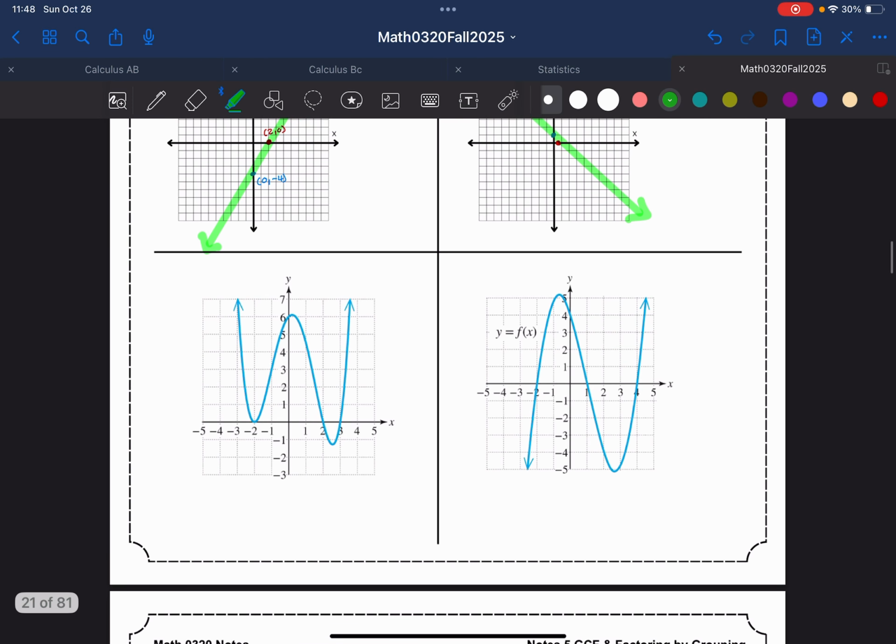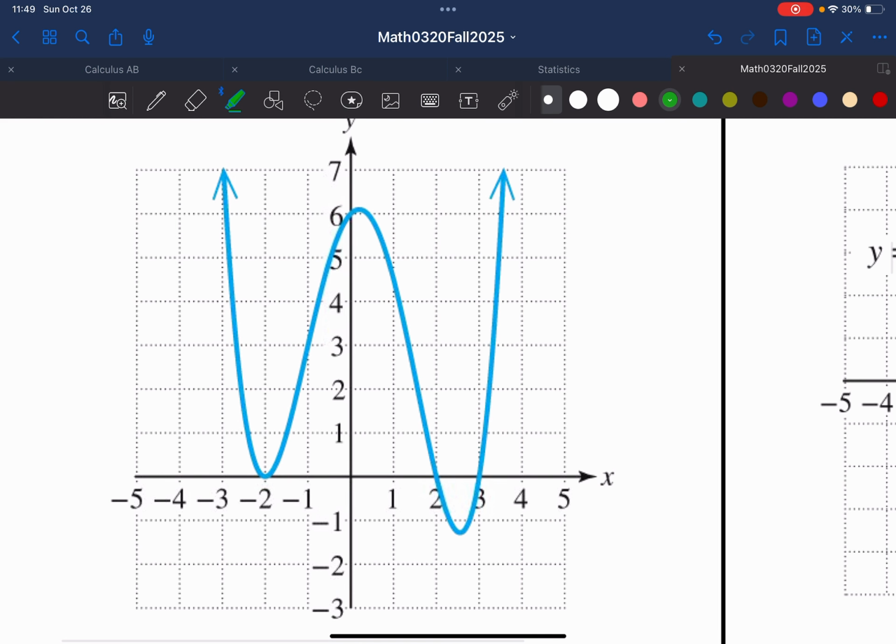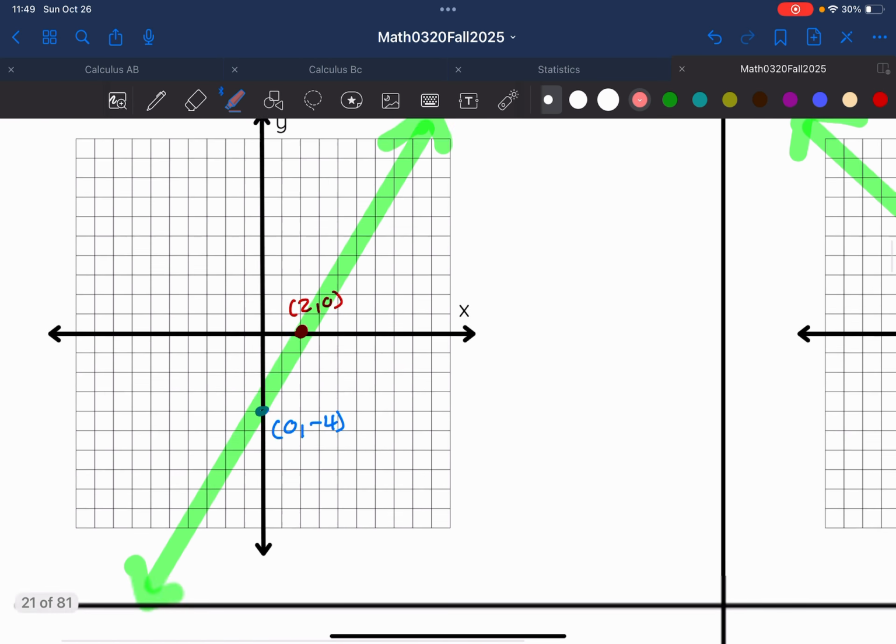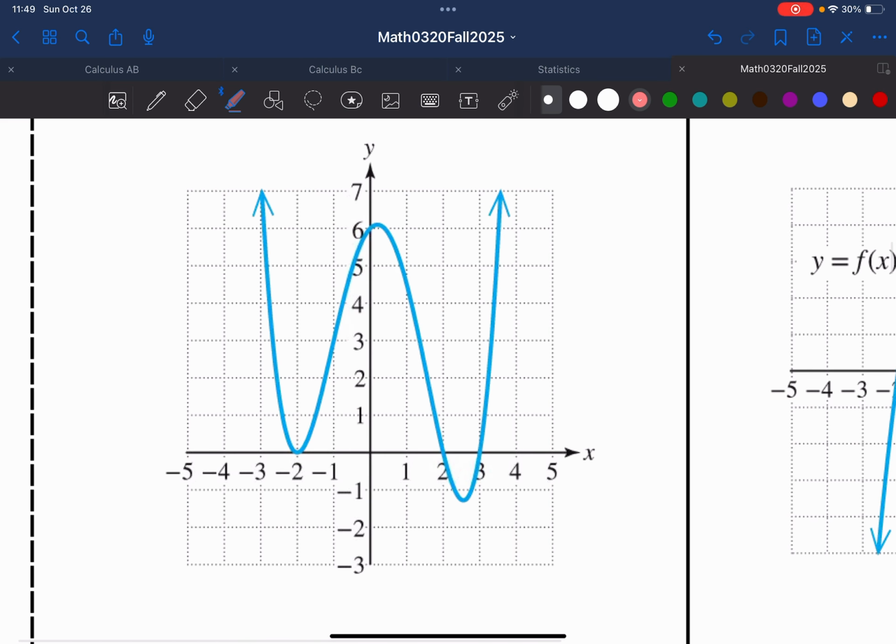Well, let's say they already give you a graph. Okay. Well, we know that my x-intercepts is all the points that cross the x-axis. Okay. And my y-intercepts are all the ones that cross the y-axis.